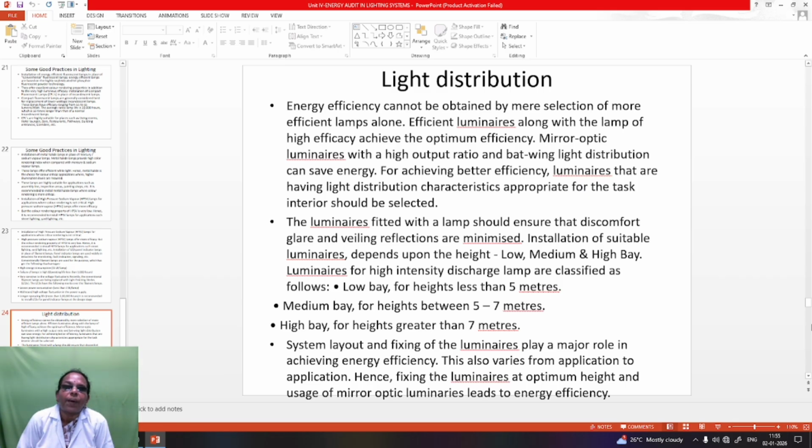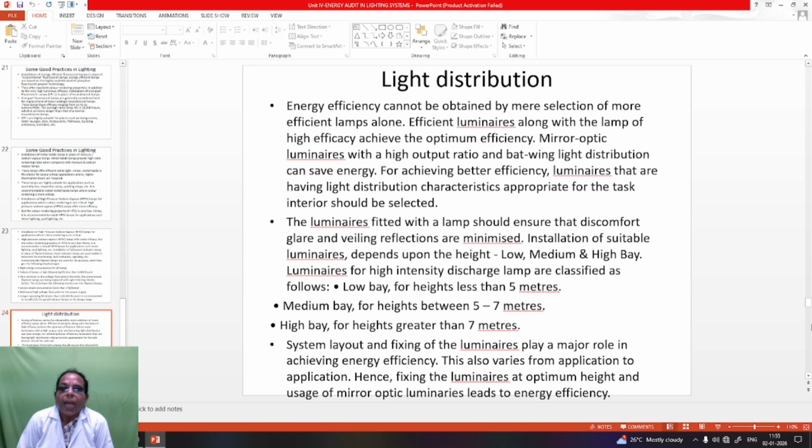Installation of suitable luminaires depending upon the height: low, medium and high bay. Luminaires for high intensity discharge lamps are classified as follows. Low bay for height less than 5 meters. Medium bay for heights between 5 to 7 meters. High bay for heights greater than 7 meters.